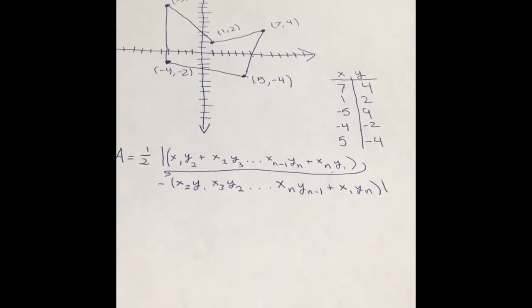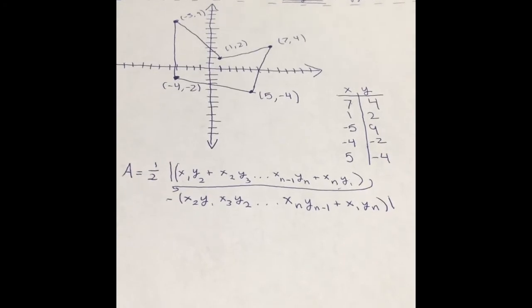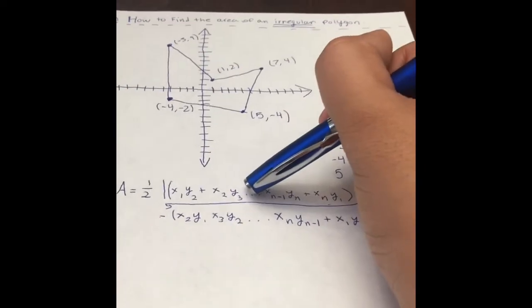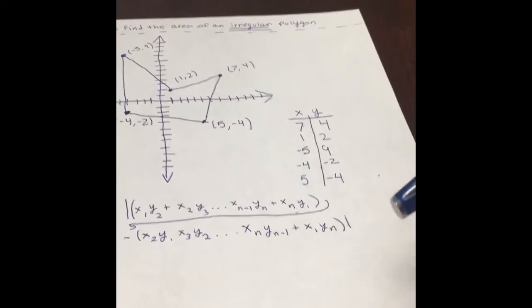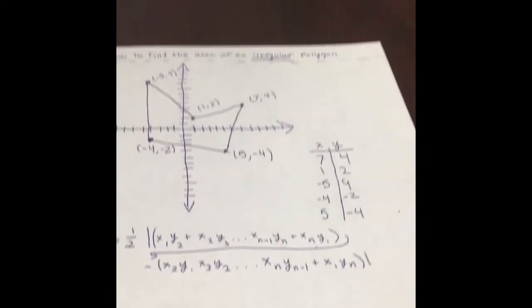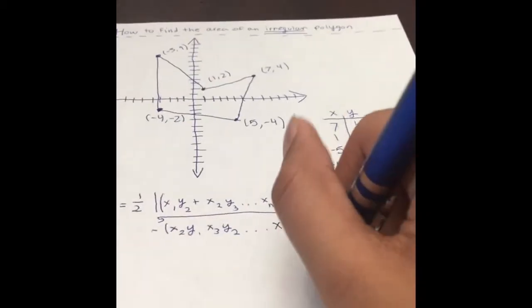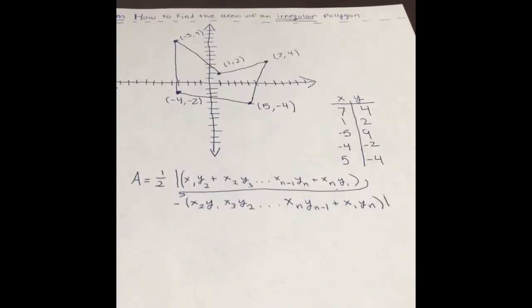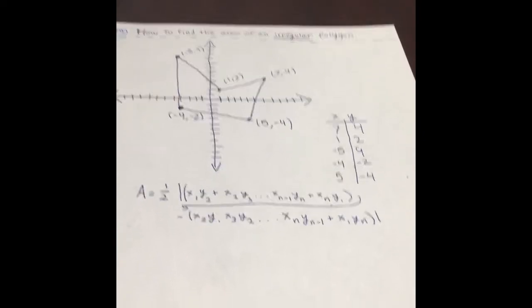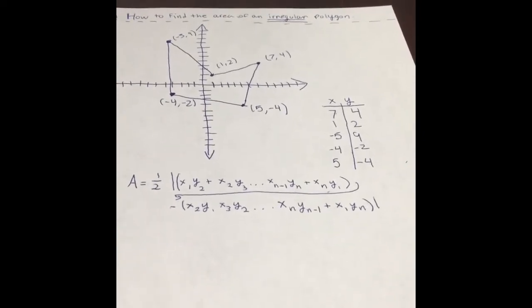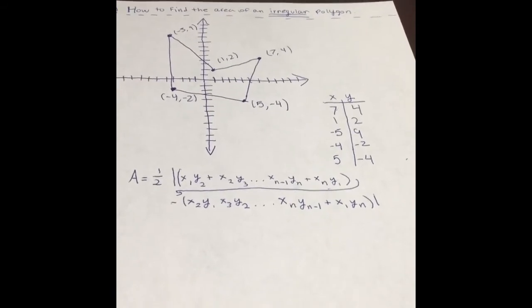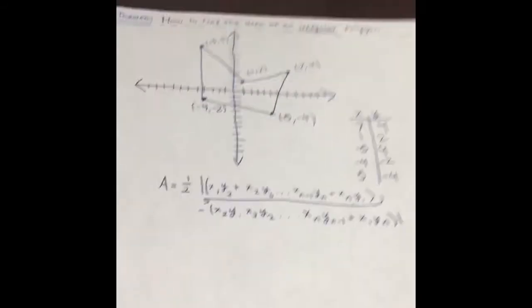And then once you have those two parts, you subtract the second part of the formula, which is the y1 x2 terms, from the first part, which is the x1 y2 terms. Once you subtract the two parts, you take the absolute value of it, because area can't be negative, and then you multiply the value you get by half, and you get the area.